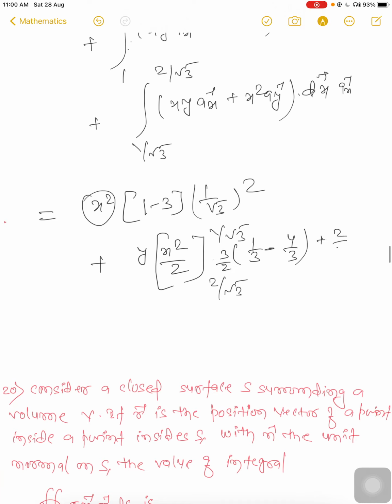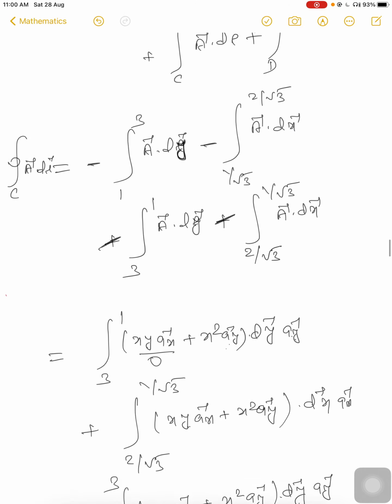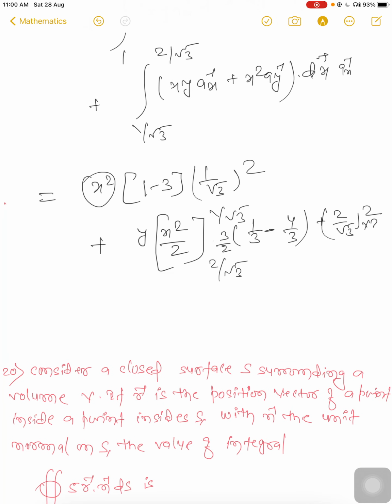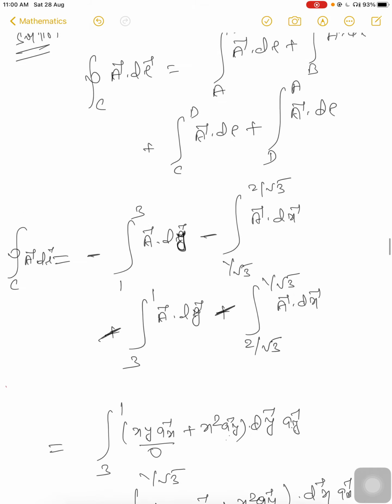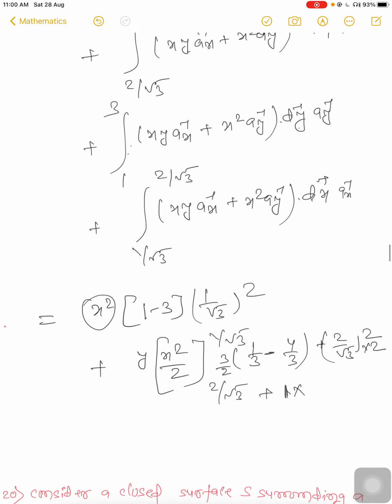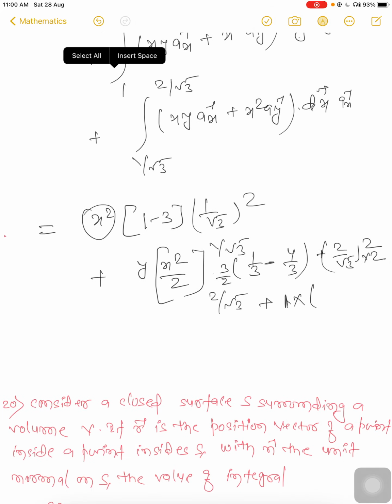So 2y root 3 plus 2y root 3 whole square, and once again you will get from your dx, y x square by 2, where y is 1, and the x square limit is 4 by 3 minus 1 by 3.